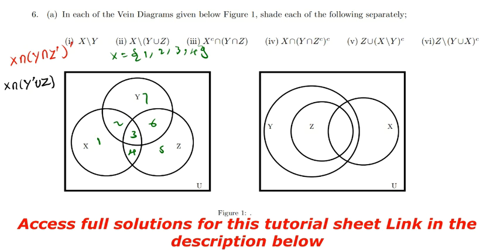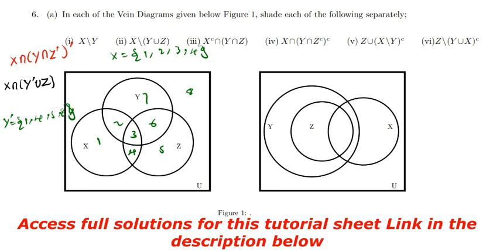This requires us first to find the elements of y complement. Y complement will be elements which are in the universal set but not in y. So exclude elements around this, because that's y. Everything outside that is going to be 1, 4, 5, and 8. This is y complement.